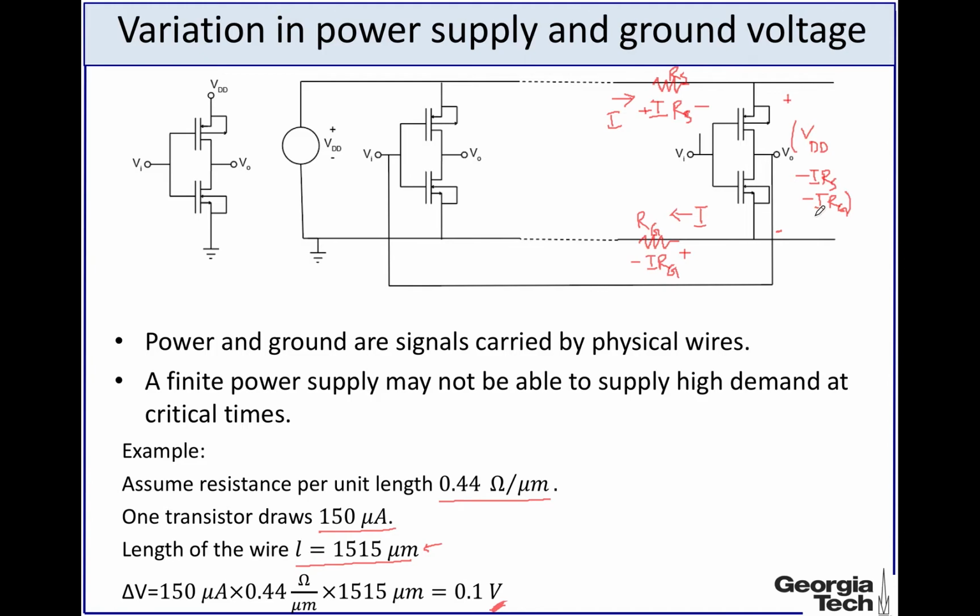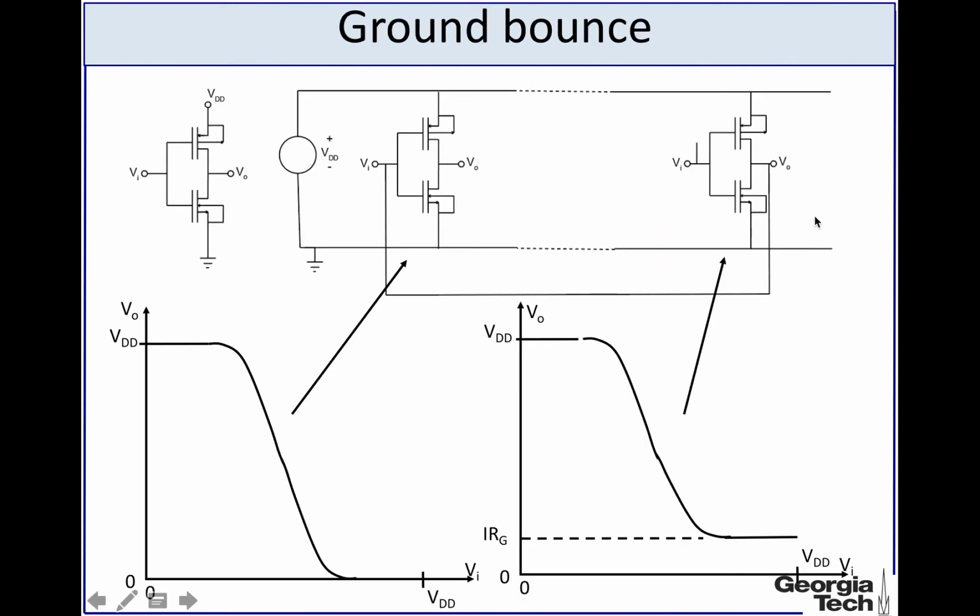Now let's see how it affects the circuit operation for say an inverter. Let's consider this inverter case over here, and let's say there is a resistance of this line that is given by RG. What is interesting in this case is that the output of the farther away inverter feeds to the input of the inverter that is closer to the VDD.